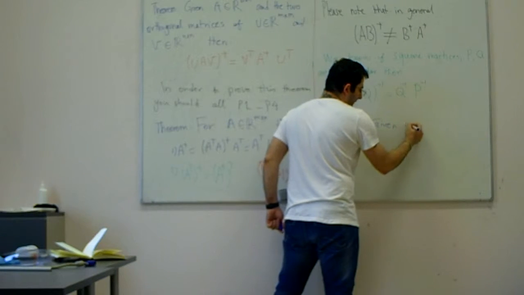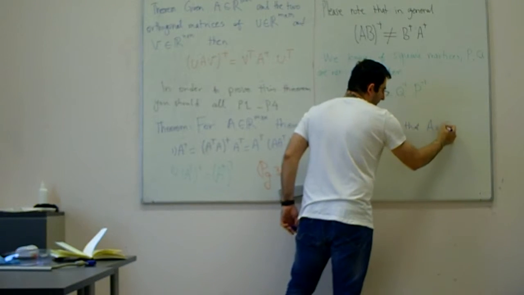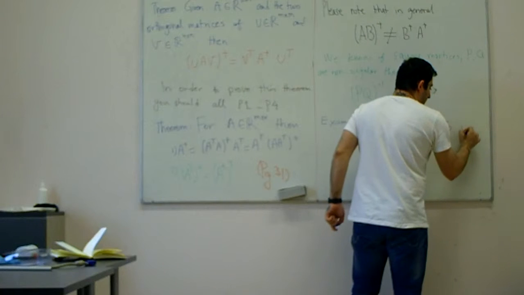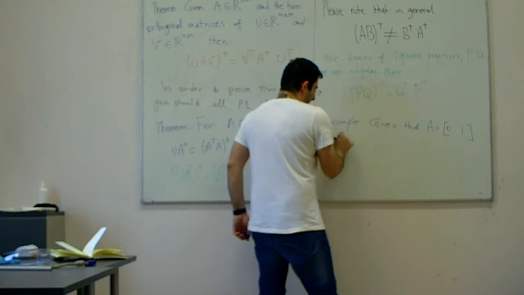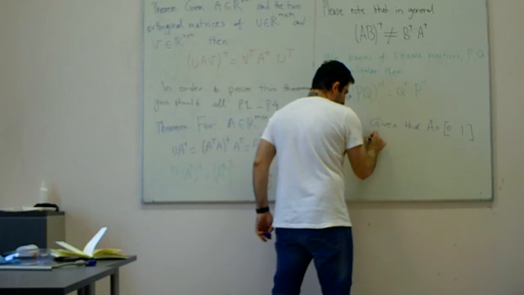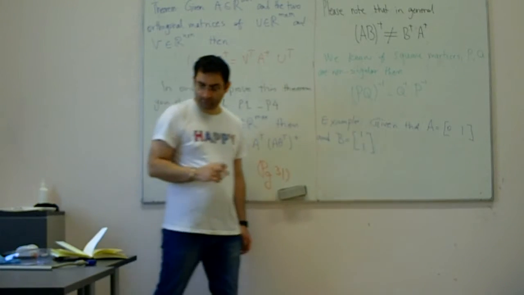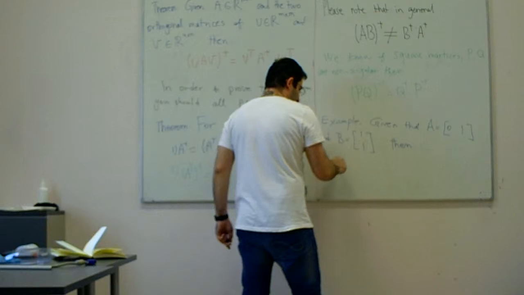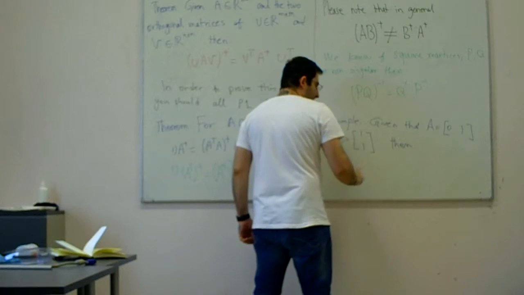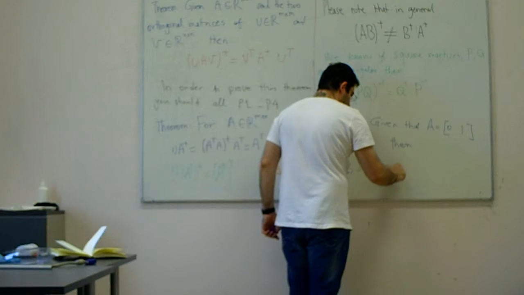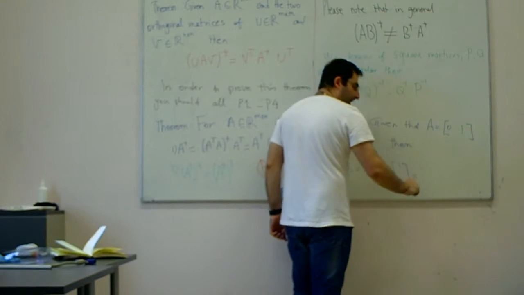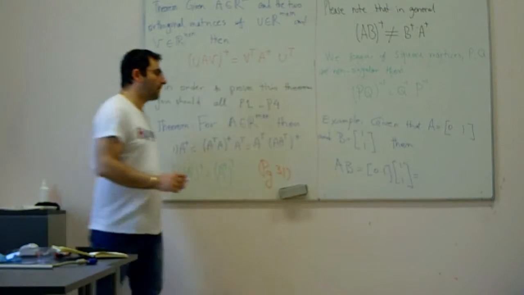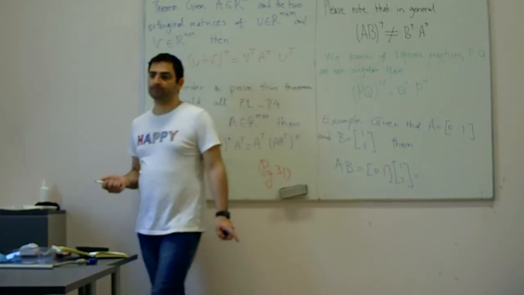Given that A is 0, 1, and B is 1, 1, then AB, what is AB? What is the result of multiplication? 1.